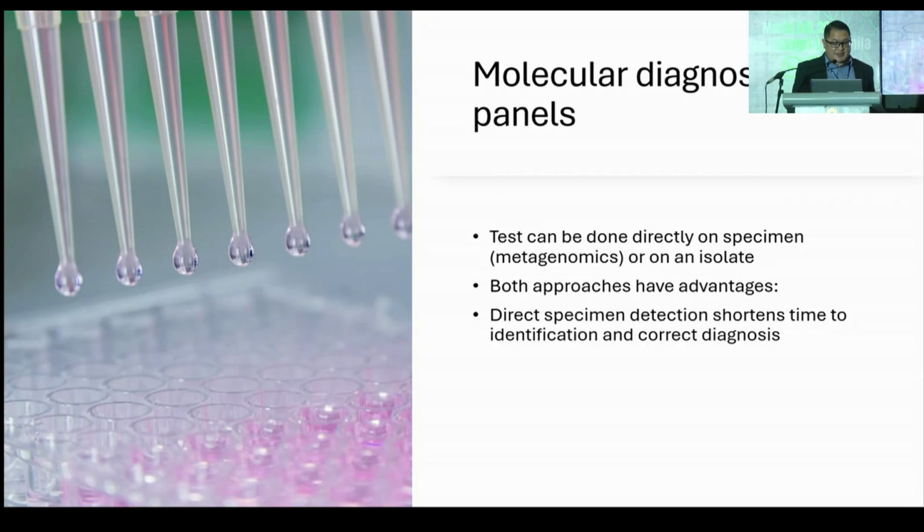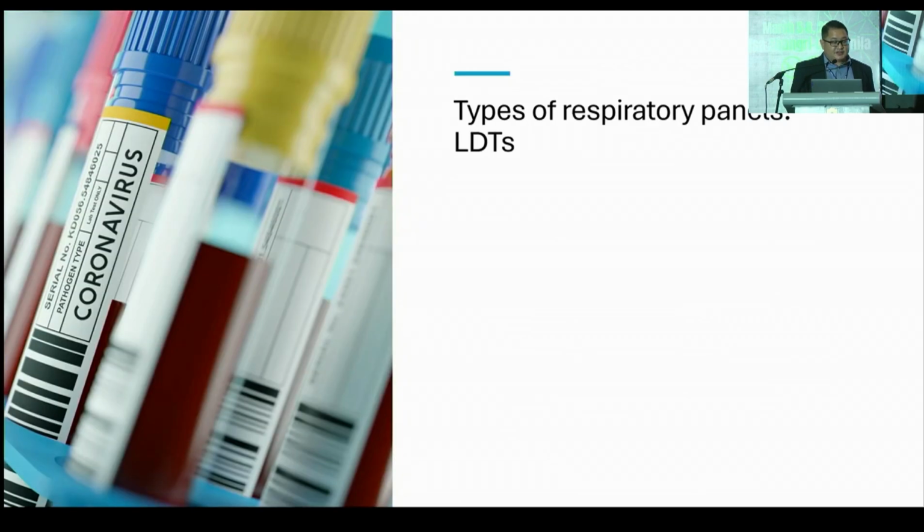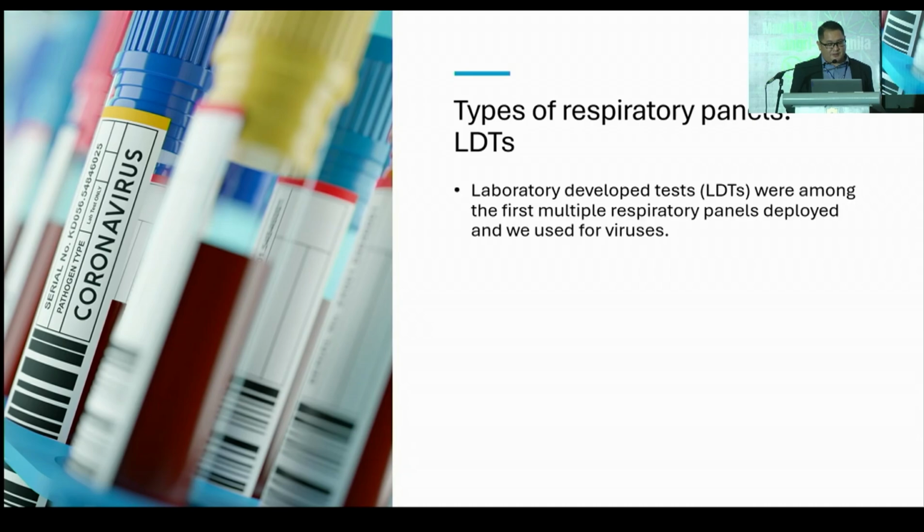So direct specimen detection shortens time to identification and correct diagnosis, but isolate-based detection will tell you what bacteria, and you can still confirm it with a culture once the culture and sensitivity are done, and you can detect the common resistance genes. So let's talk about some of the respiratory panels.